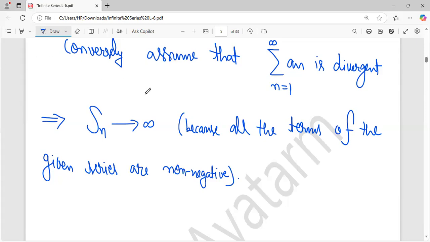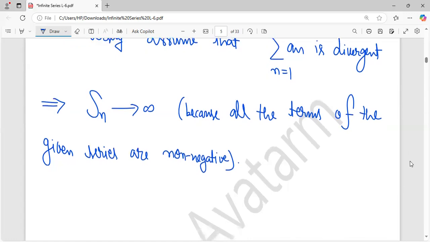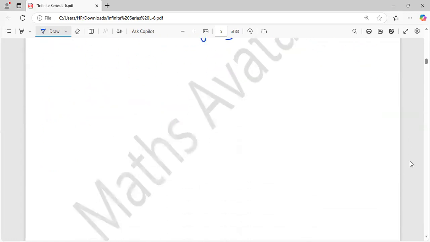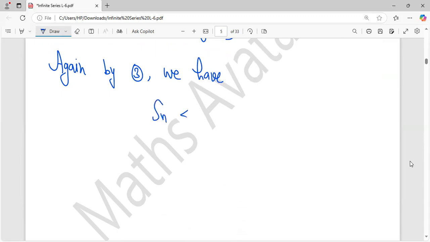Again by third, using this part only, we have Sn is less than this. I'm using this part of third only.